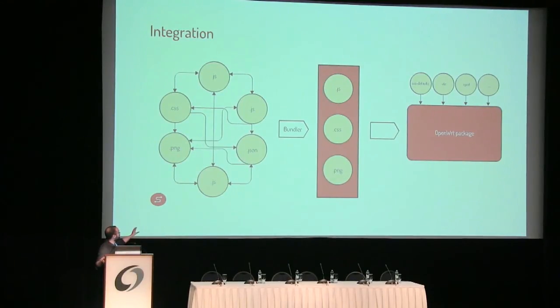The part on your left is the code of your web UI. As you can see, JS files, CSS, picture files, JSON, you can have everything here. Then this goes through the bundler, and only a few files are created: one JS, one CSS, one picture file, whatever. And when you have those, you copy them into your OpenWrt package.